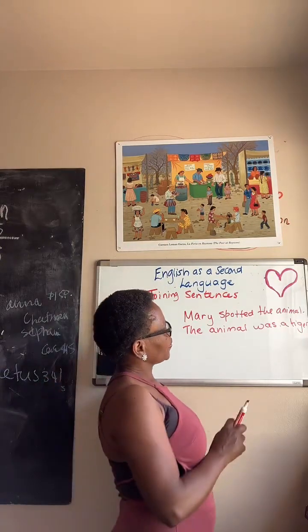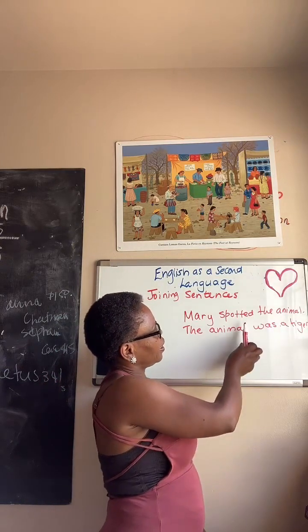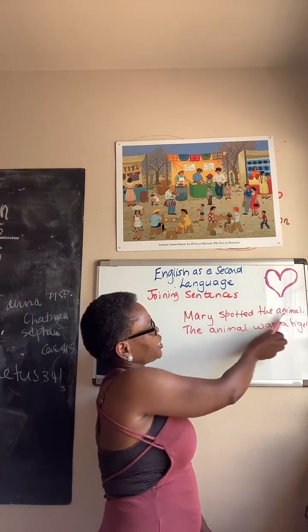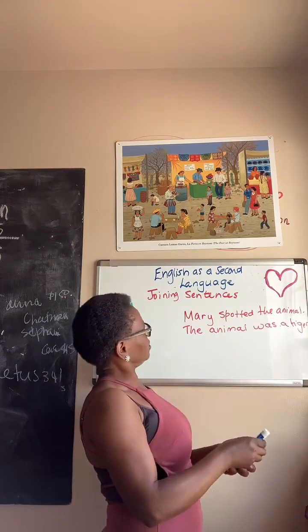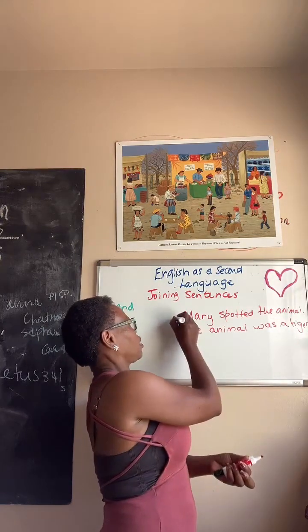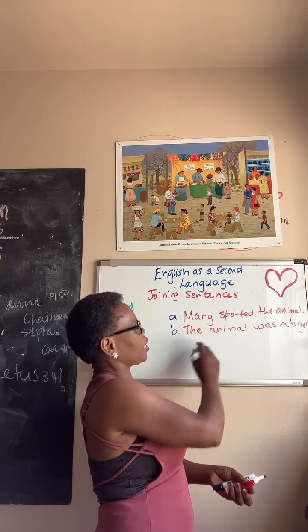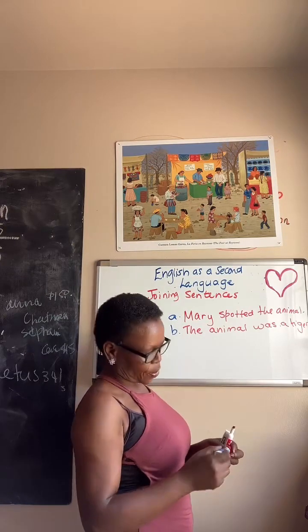So, Mary spotted the animal is sentence A. Sentence B, the animal was a tiger.